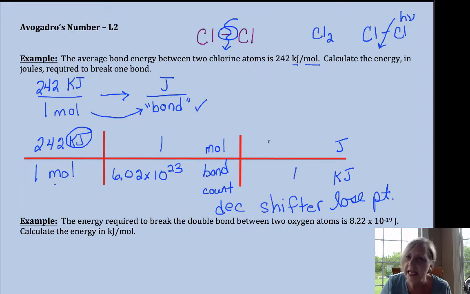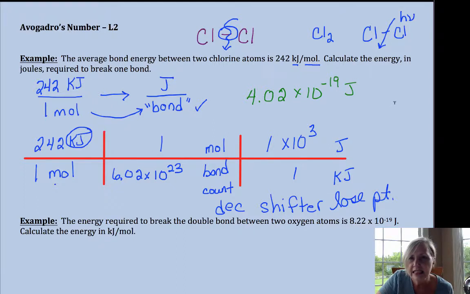So don't be a decimal shifter. Show your work. 1 kilojoule is 1 times 10 to the 3rd joules. And our answer to 3 sig figs would be 4.02 times 10 to the minus 19th joules.